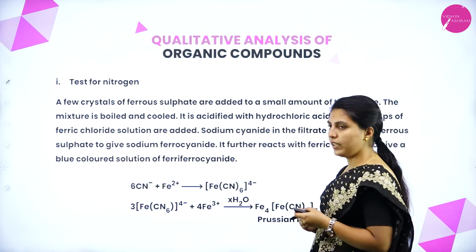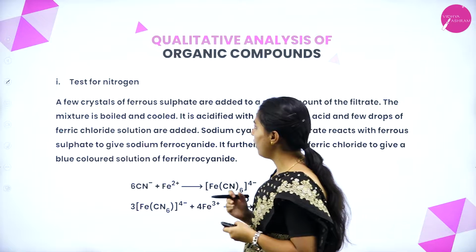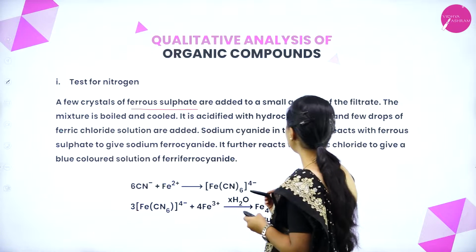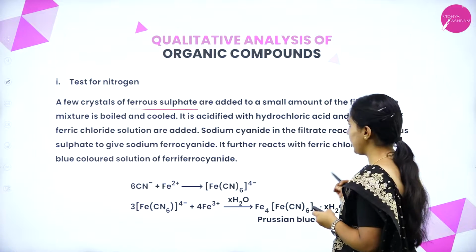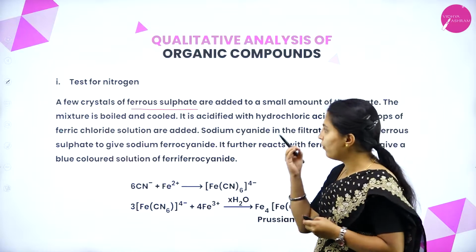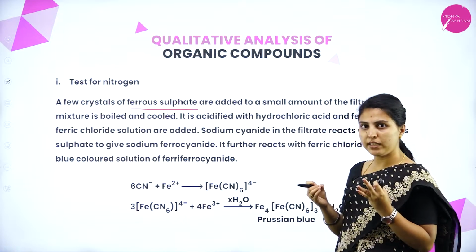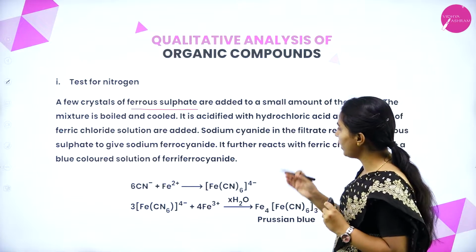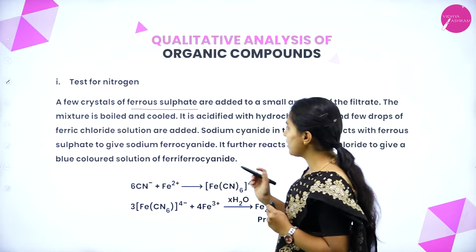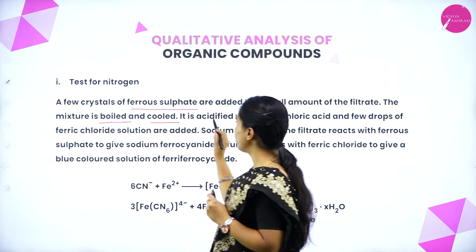Next, in the first test for nitrogen, a few crystals of ferrous sulfate are added to a small amount of the filtrate. Whatever filtrate you have taken from the sodium fusion extract, you have divided into 3 parts. Within the first part, you have to add ferrous sulfate. The mixture is boiled and cooled.